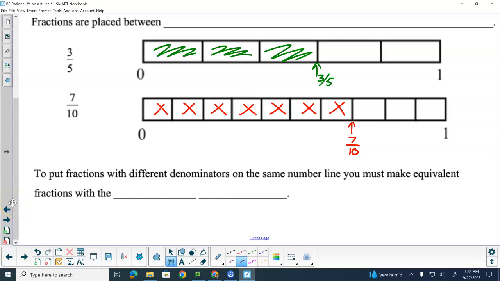Now, to put fractions with different denominators on the same number line, we must make equivalent fractions with the same denominator. You can fill in those blanks on your notes, and maybe we'll give them an example. So for instance, let's just use 3/5 and 7/10.